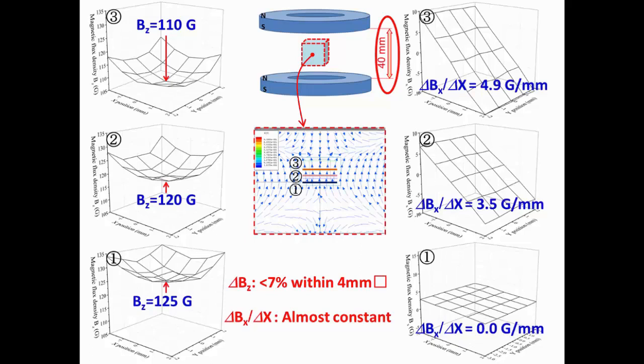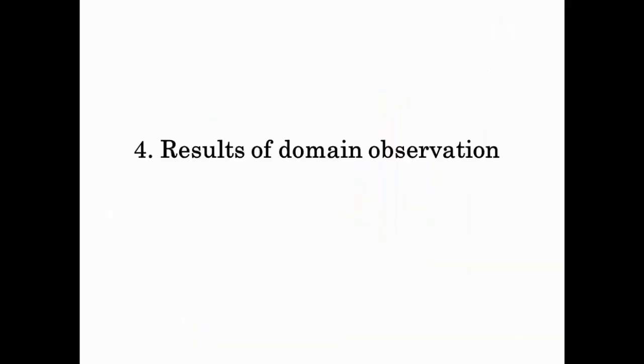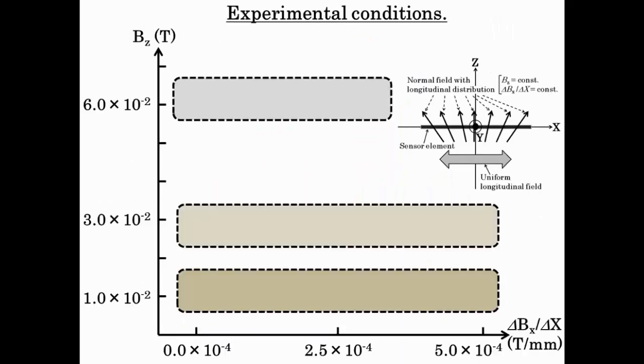Therefore, in the measurement area, dBx/dx is a constant value. The normal field is controlled by the distance of the magnets. In this case, the value is almost twice the previous one, 280 Gauss. Okay, I'd like to show the experimental result.